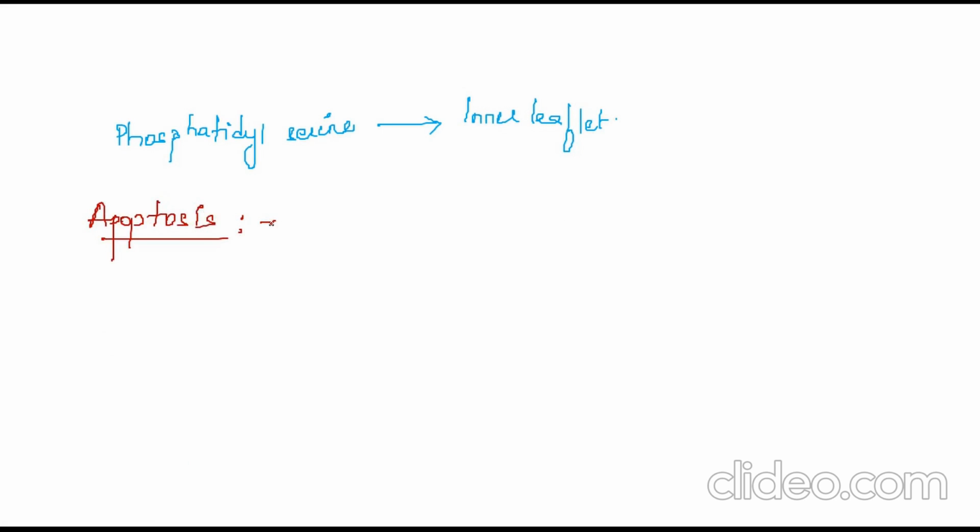The cells which are undergoing apoptosis have this phosphatidylserine, PS in short, on the outer leaflet, and in the normal case it is present on the inner leaflet.